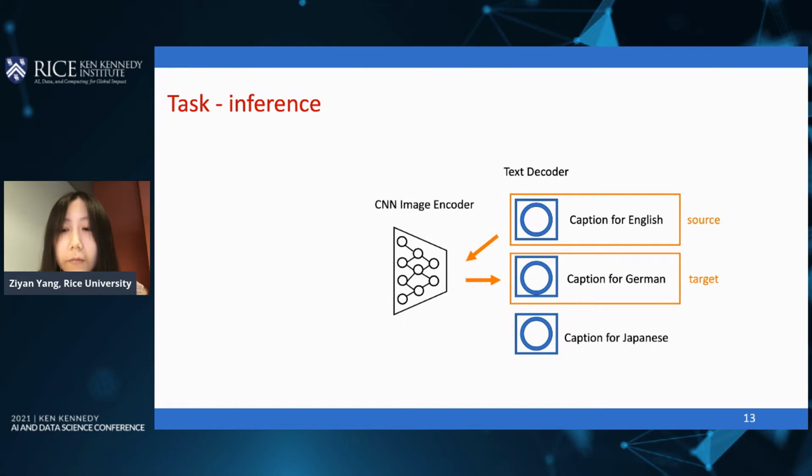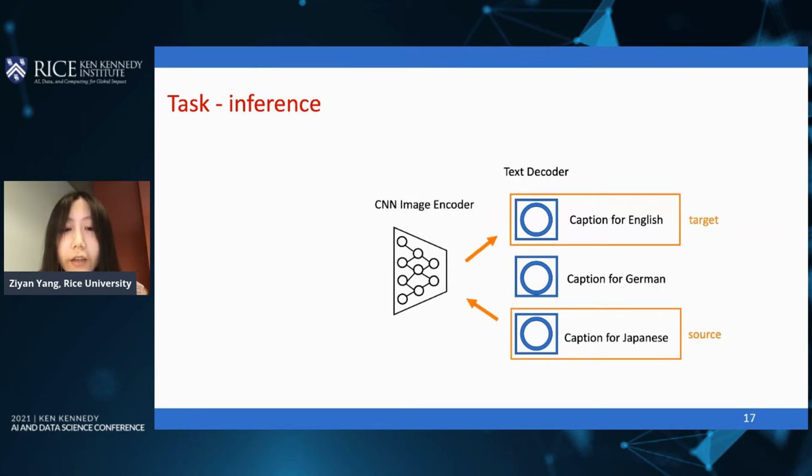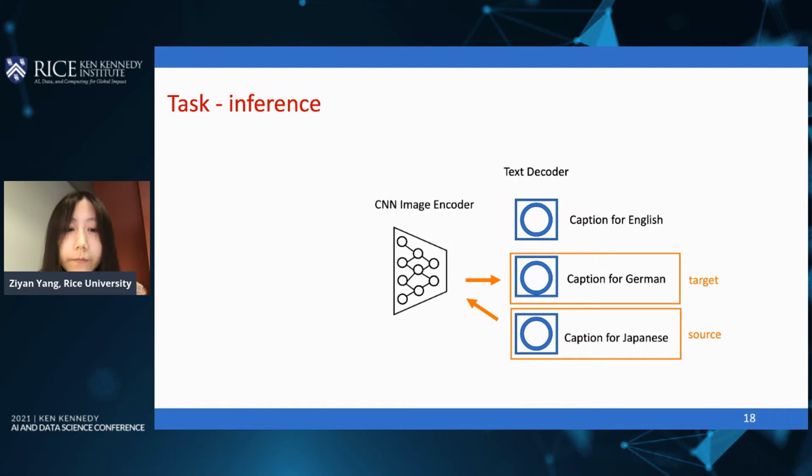This looks more like machine translation, but the information is not transferred between languages directly. Instead, it goes through a shared CNN space. We can choose English and German here as source and target, and also English to Japanese, German to English, German to Japanese, Japanese to English, and Japanese to German. We will have 6 possible language pairs if the decoder number is 3.